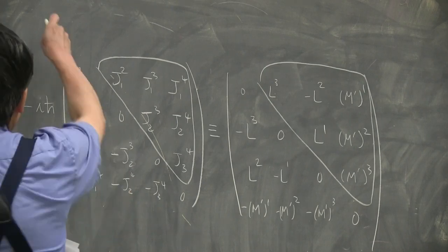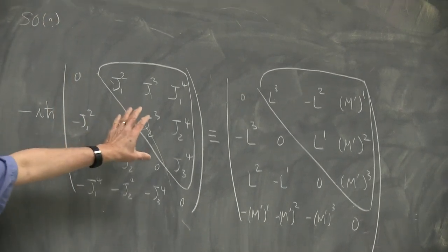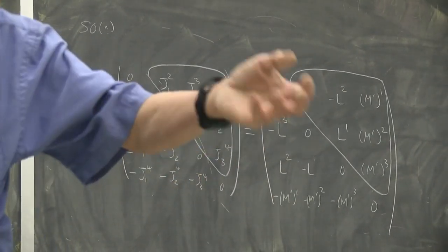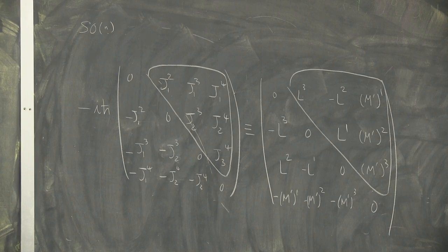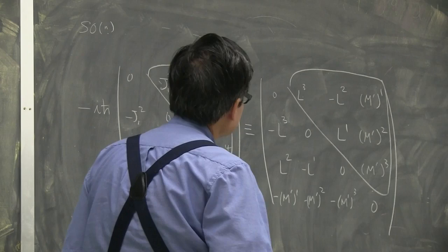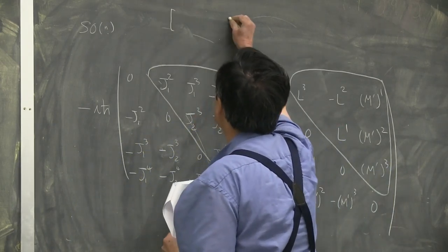Now the idea is this. In the general case of SO(N), remember how we introduced these J's, right? And then we figured out commutation relations between the different J's for the arbitrary N, SO(N) groups. I'm getting tired of writing this, but let me write it one more time.